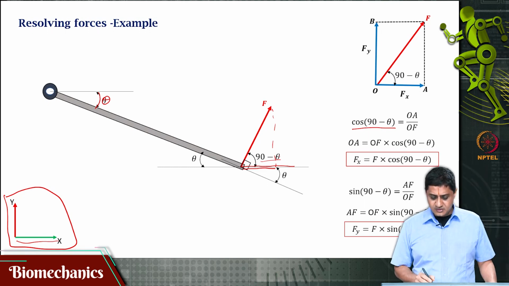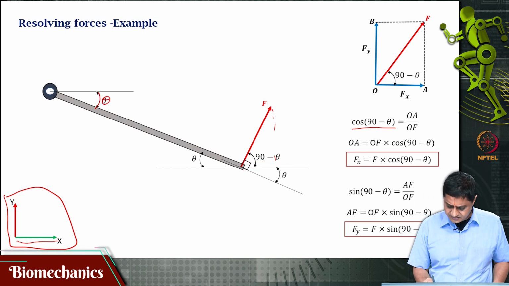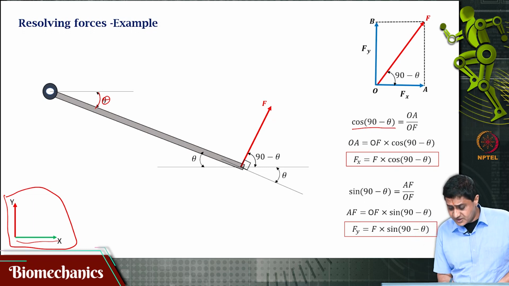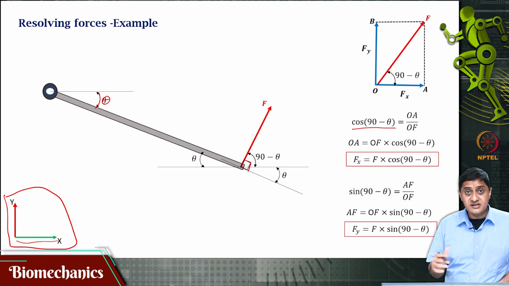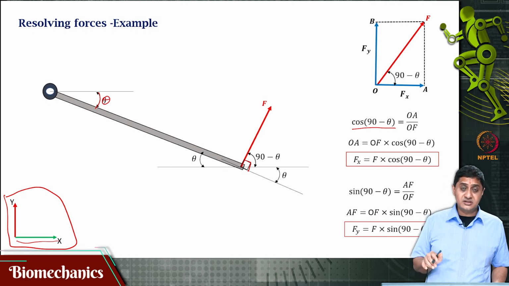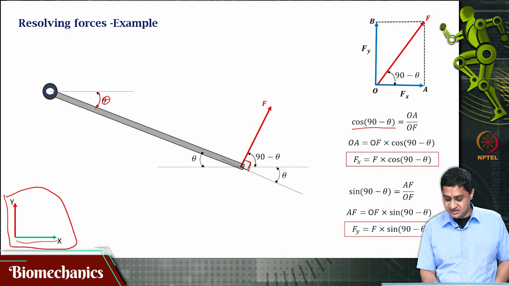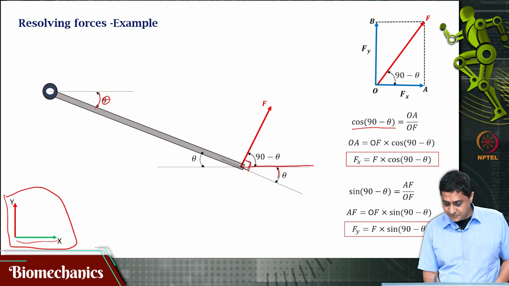Note that, why is this 90 minus theta? Is it confusing? This force itself is acting at an angle of 90 degrees to this bar, but the bar itself is not horizontal. The bar is inclined at an angle of theta to the horizontal. Because of this, this angle happens to be theta.